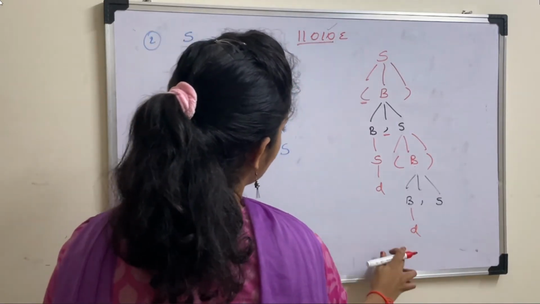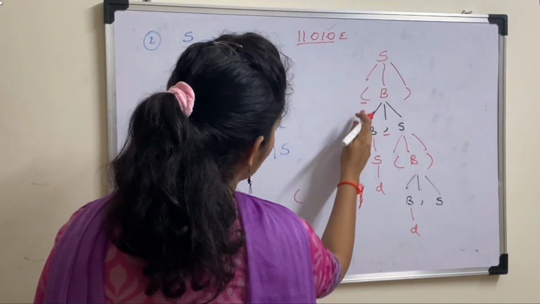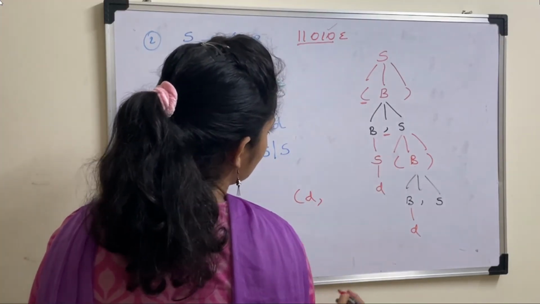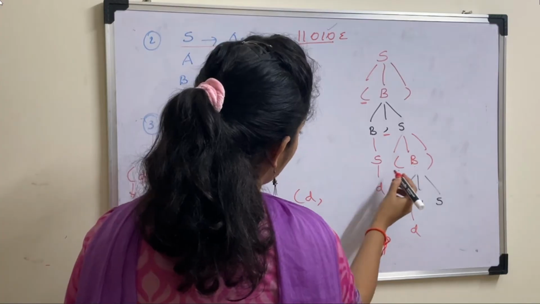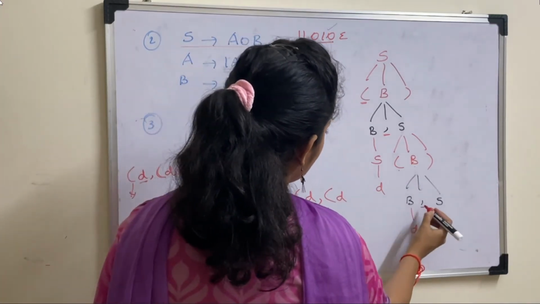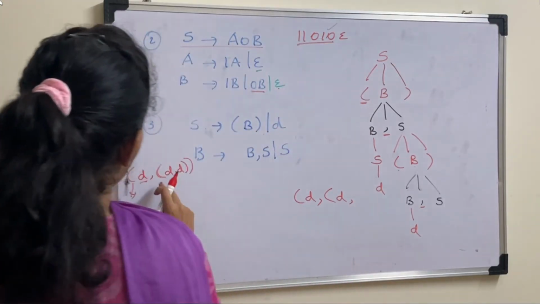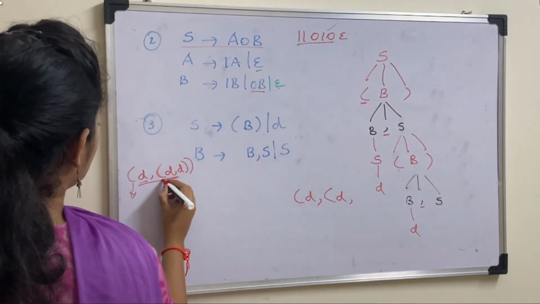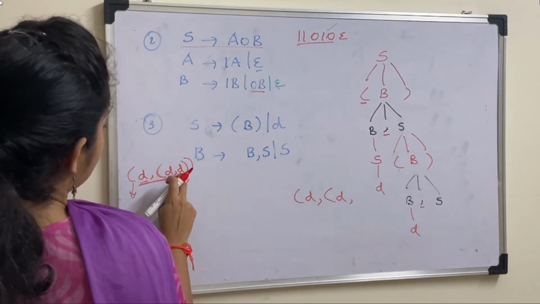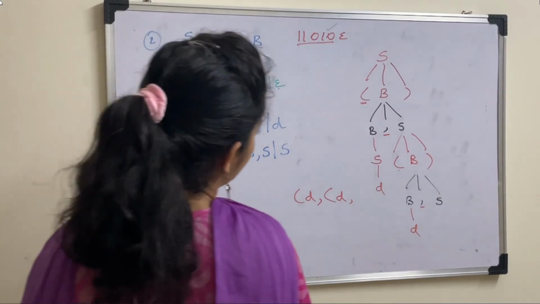So till now what are the terminals obtained? Open bracket, next this small d, this comma, next open bracket again, then small d and comma. Till here we generated successfully. Now we are left with this last d and then close bracket.